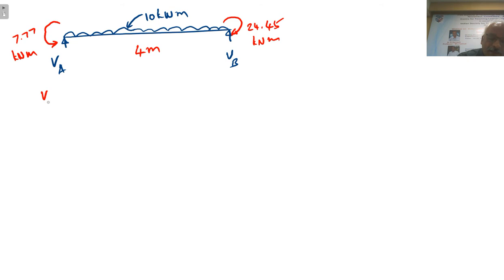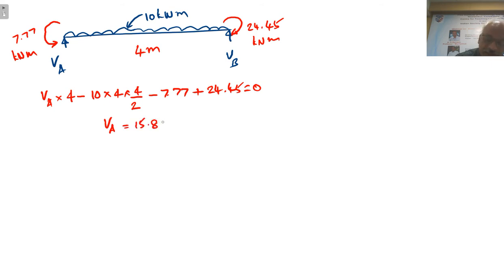So VA into 4 minus 10 into 4 into 4 by 2. When we take moment about B, then minus 7.77 plus 24.45, that is clockwise, equal to 0. That will give you VA equal to 15.83.